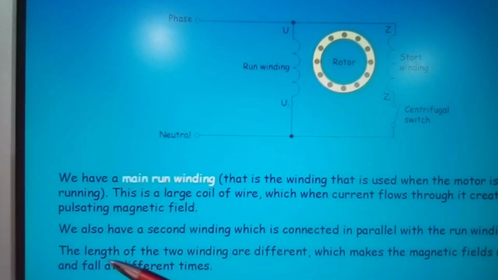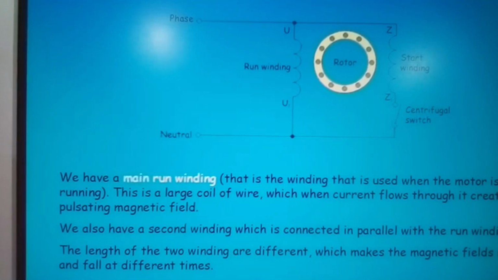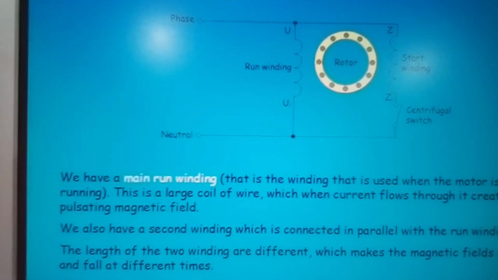So for instance, in this case here, we may have a winding with 10 turns on it. Then we may have the start winding with 5 turns on it, etc. And that's the difference within the two windings. The variation in the two magnetic fields is sufficient for the motor to self-start.